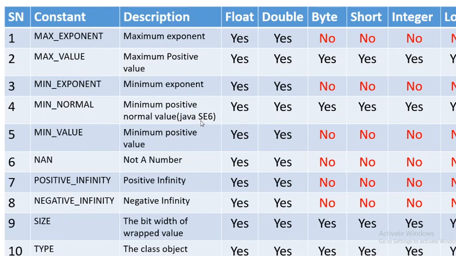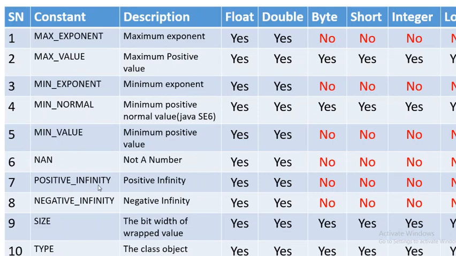This is the minimum positive value. This is available with Float and Double. NaN, not a number. This is available with Float and Double.